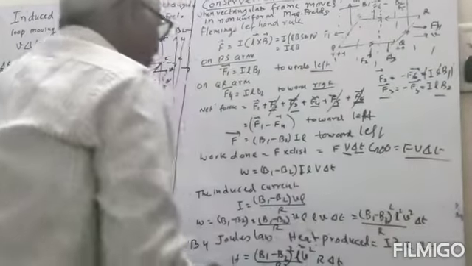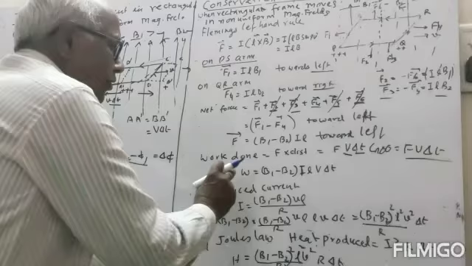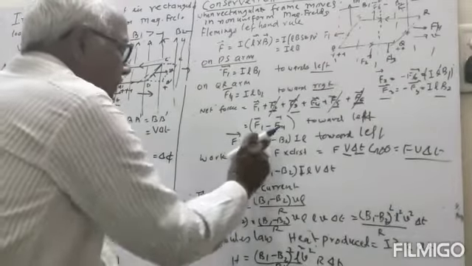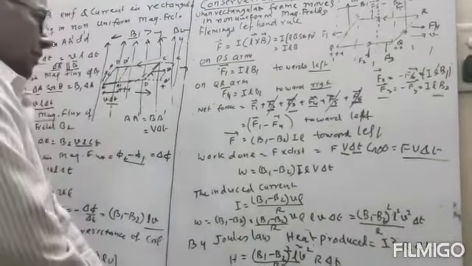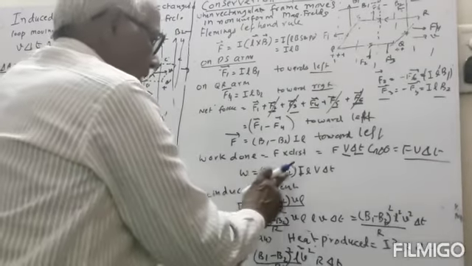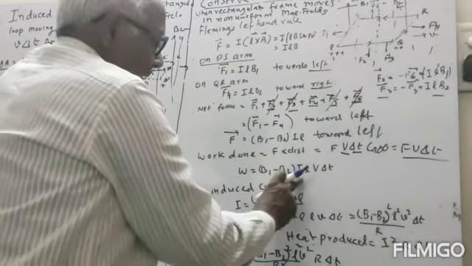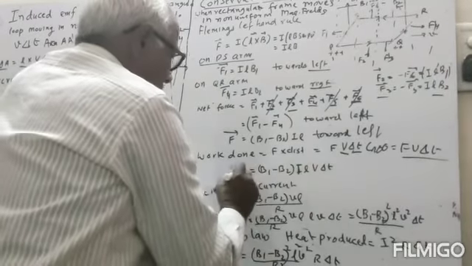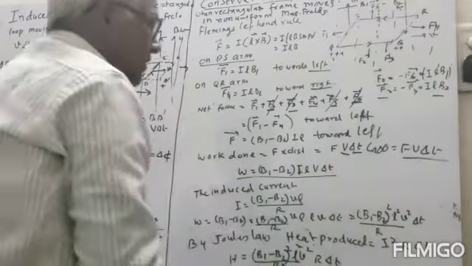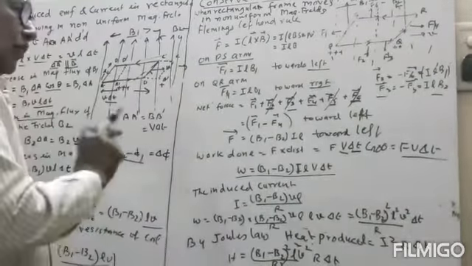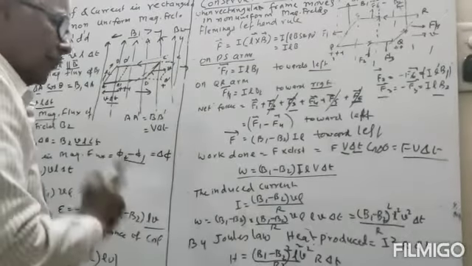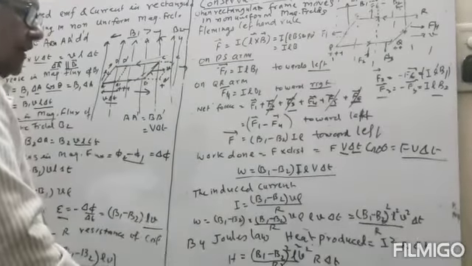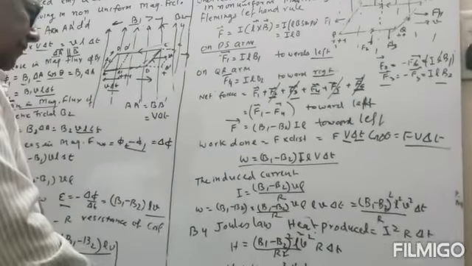So this will be the work done. We substitute the value of force, (B1 minus B2) into I into L, multiplied by v into delta t. So this will be the work done in delta t time for the rectangular coil to move with the constant velocity v.